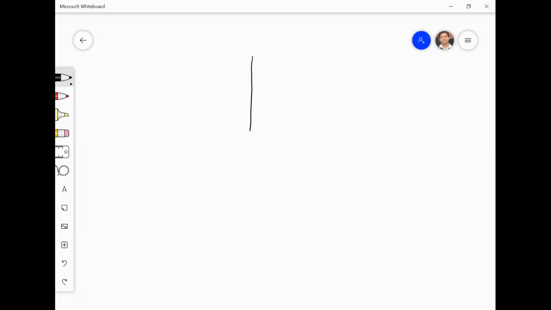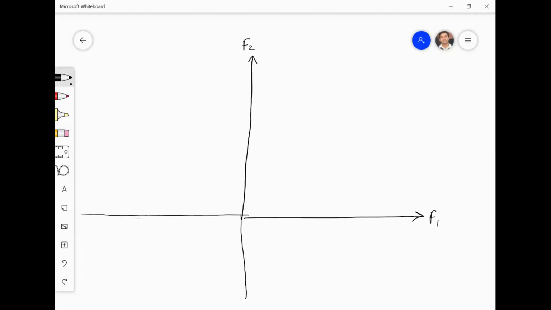So let me just draw a diagram to help you understand how this works. Building on the previous example of I1, I2, I3, I4 and factors 1 and 2 that we have extracted, this is our graph, factor 1, factor 2. Let us say we have I1 with its loading being 0.5, comma 0.5.